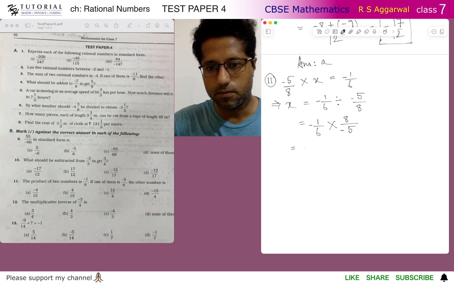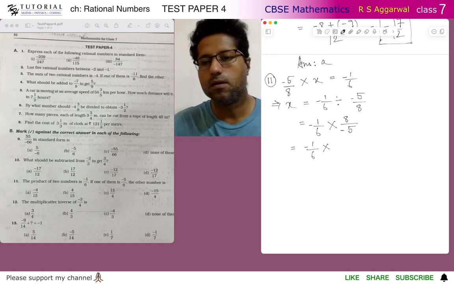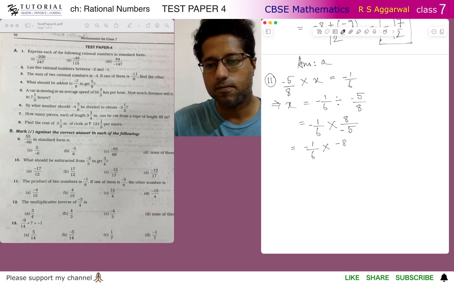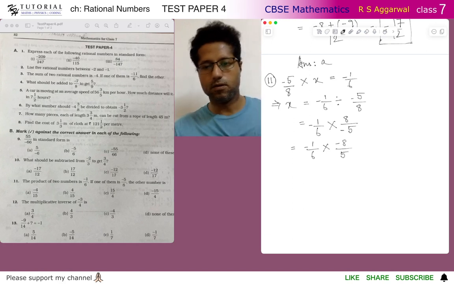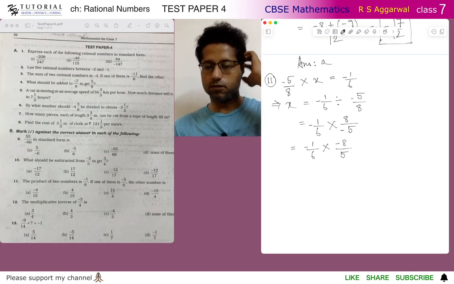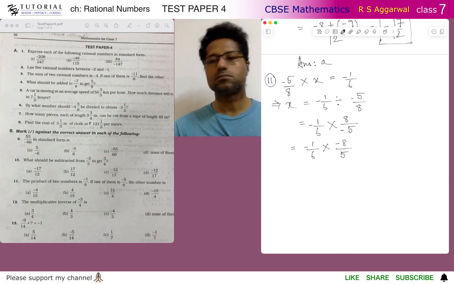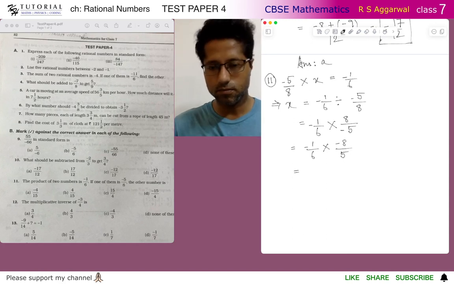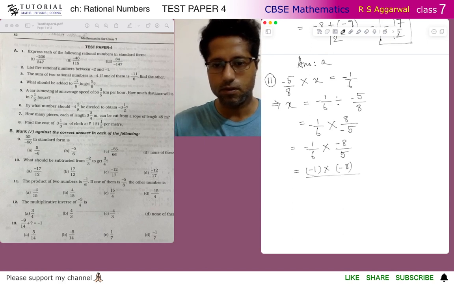So this will become minus 1 by 6 multiplied by minus 8 by 5. So now we have a multiplication of two rational numbers, and the result is the product of the numerators divided by the product of the denominators.